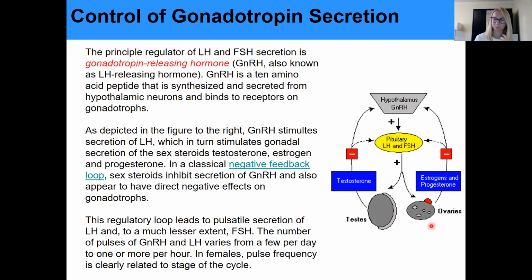Same with the ovaries. If the level of estrogens and progesterone is low, then the hypothalamus starts to synthesize more gonadotropin releasing hormone, and the result is a stimulatory effect on the pituitary gland to release more luteinizing and follicle stimulating hormone.